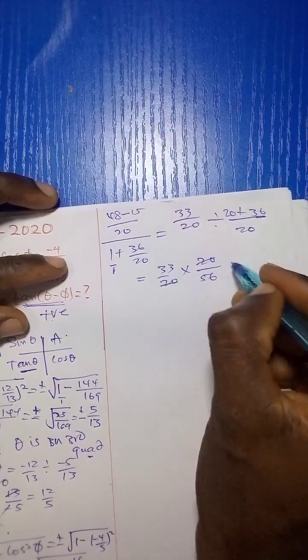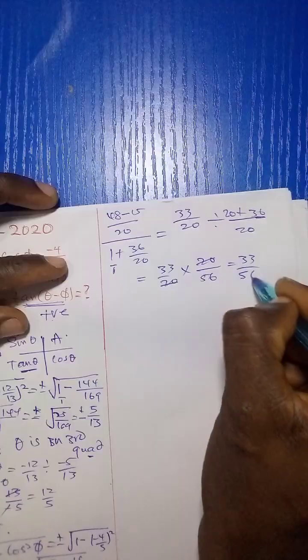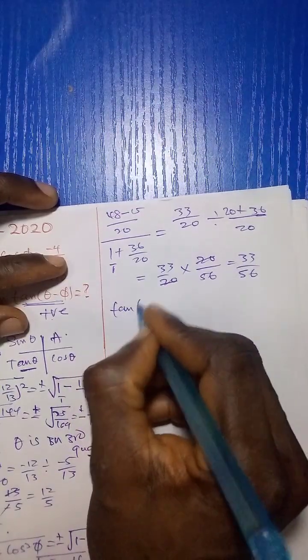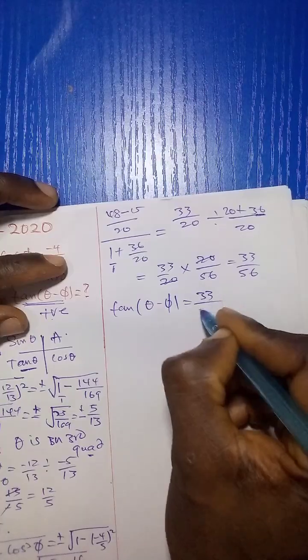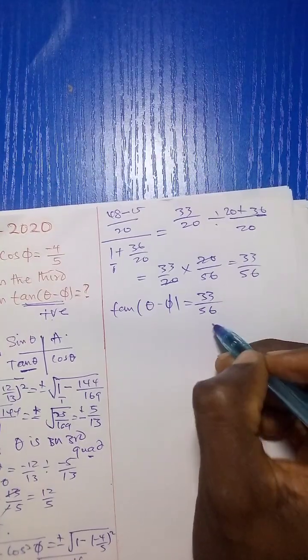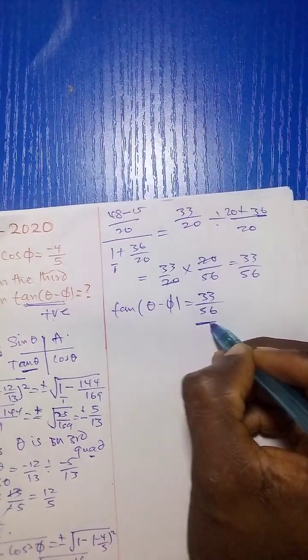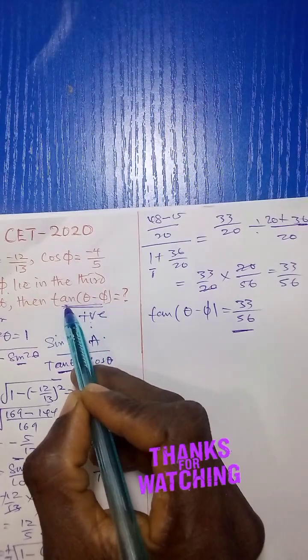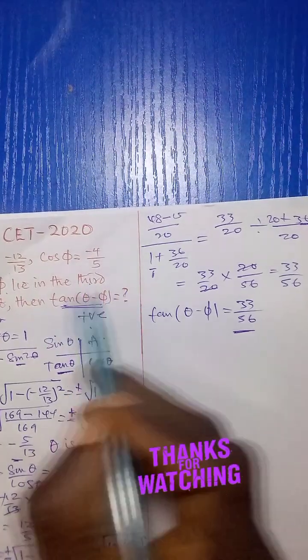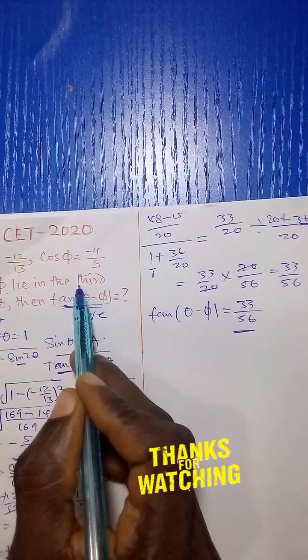This and this will cancel out, giving us 33 over 56. Now, tan(theta minus phi) is equal to 33 over 56. We see it is still positive. Remember, we said that this should be positive because theta and phi lie in the third quadrant.